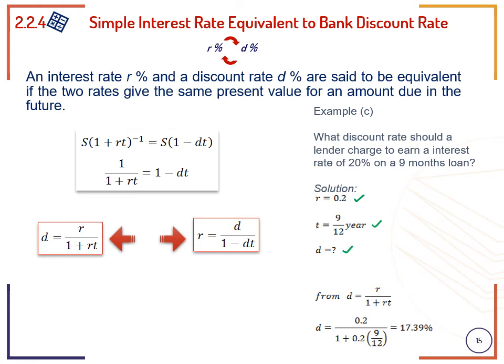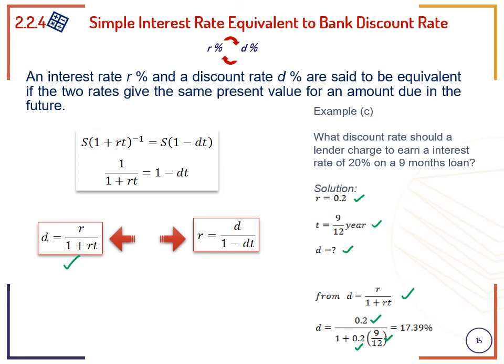Since the question asks for the value of D, we apply this formula, D equal to R over 1 plus RT. Replace R with 0.2 in the numerator and denominator, and replace T with 9 over 12.